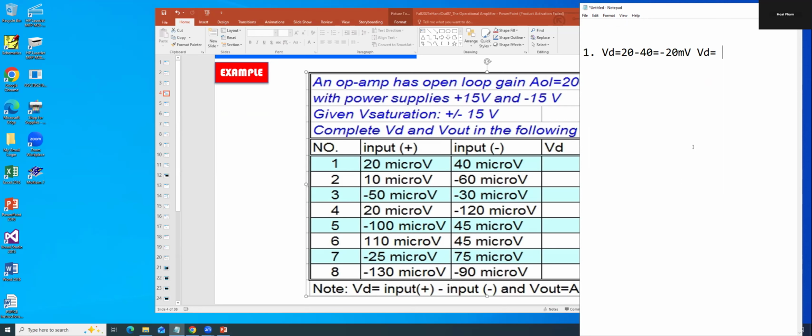VD equals the gate time VD. Okay, that means VD. Okay. Time AOL.